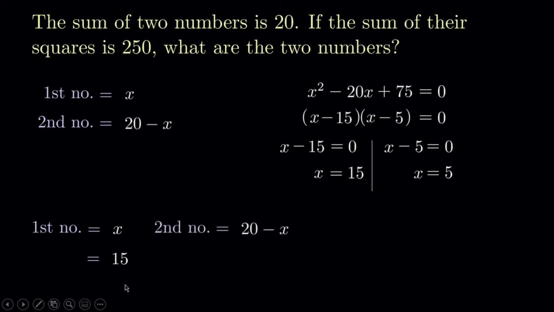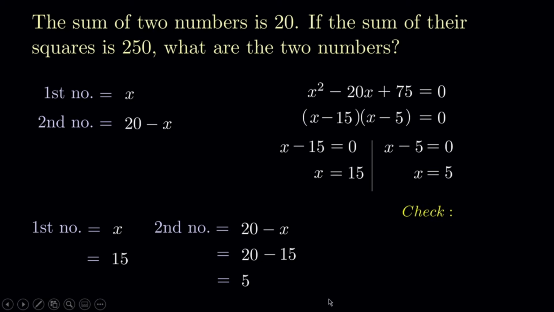And then the second number, we represented it as 20 minus x. So we have 20 minus, what x did we use? 15. So 20 minus 15 is equal to 5. So, our second number is 5. Okay? Now, let us check if 15 and 5 are correct.